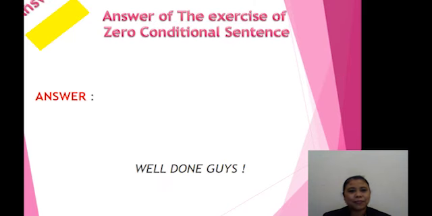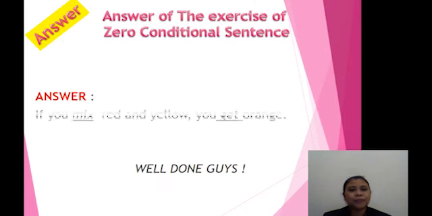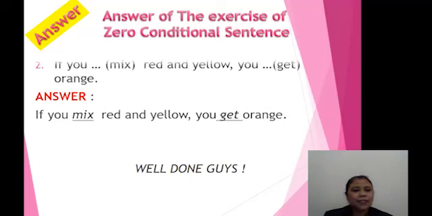Okay, let's check. The answer for the sentence, if you mix red and yellow, you get orange. They are the same. There is no change. Why? Because the subject used here is a plural subject.